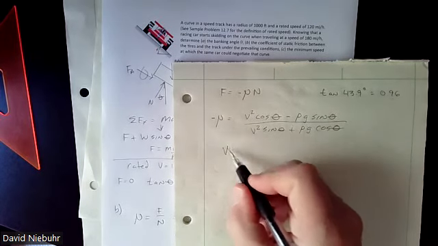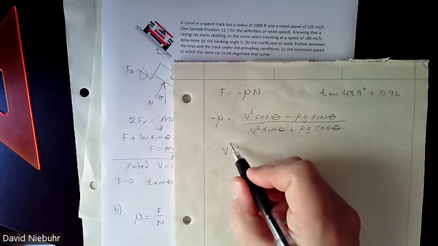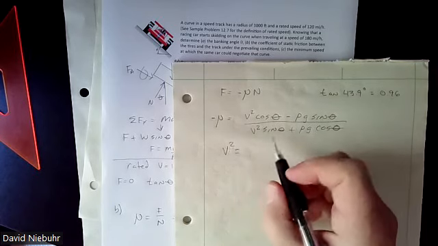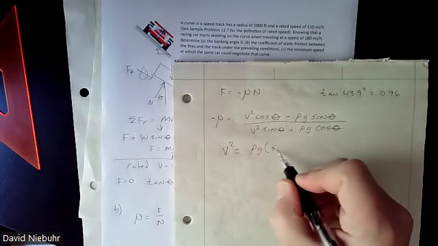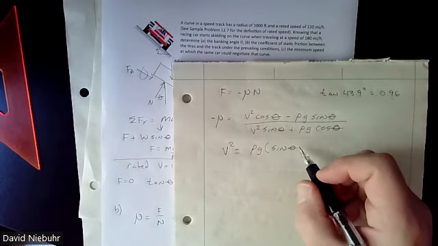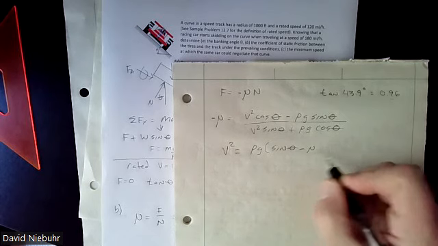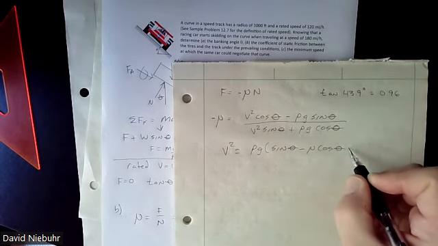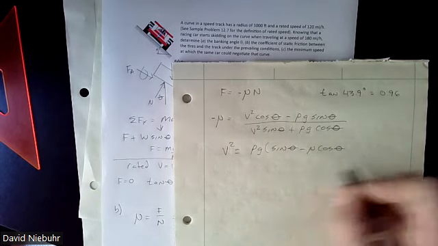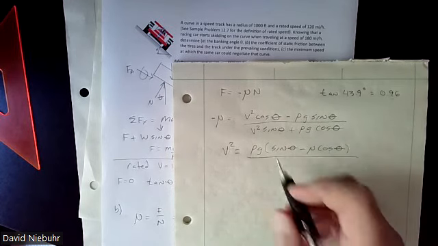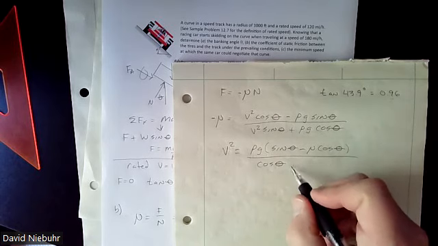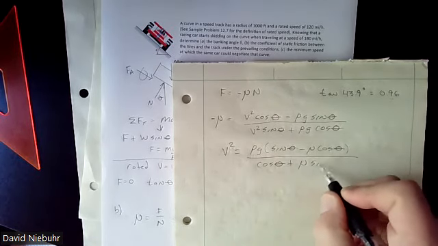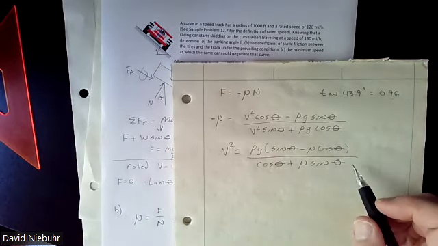So what you end up with, isolating v squared, is rho times g times sine theta minus mu cosine theta, all over cosine theta plus mu sine theta.